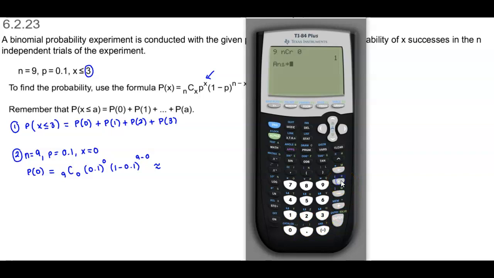Then we hit times, parentheses, 0.1 to the power of 0, raise that to the 0 power and hit enter, which is 1. And then times, parentheses, 1 minus 0.1 to the power of 9 minus 0, which is 9, which is equal to 0.3874. We're going to round it to 4 decimal places, so that is 0.3874.